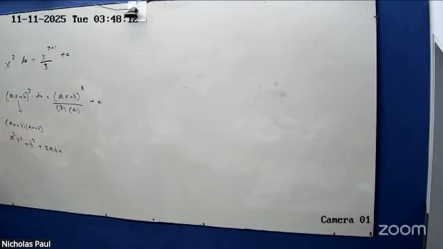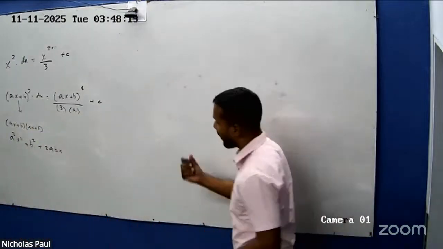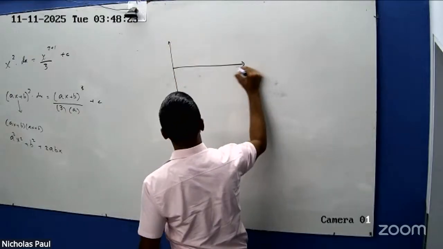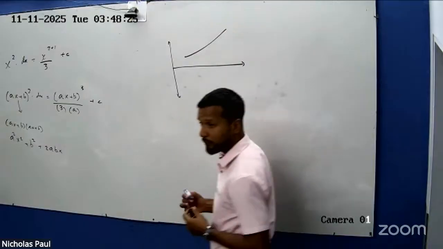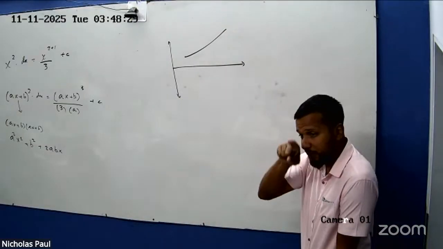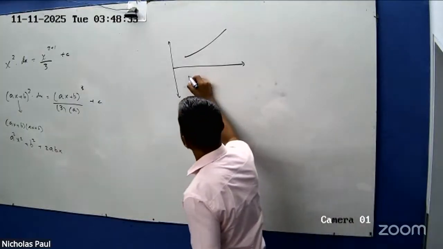The reason I show you this is that when we rotate an object, let's say I gave you an object that looks like this, if I take that line and curve and rotate that 360 degrees, it will form a shape that looks like this.